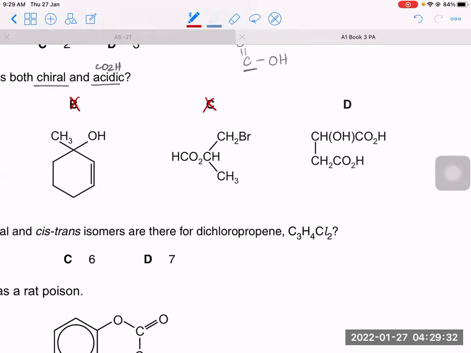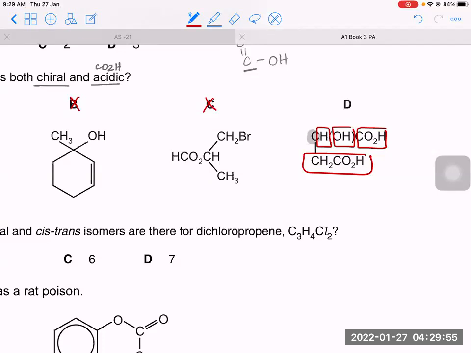Let's check. Can this carbon be chiral? No. Why? Because it's a CO2H, it has a double bond. But it has an acid group at least. Can this carbon be chiral? Yes, because it has a H, an OH, a CO2H, and all of this. Are they 4 different groups? Yes.